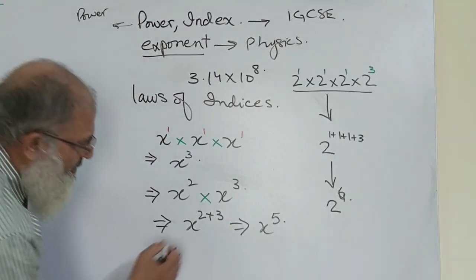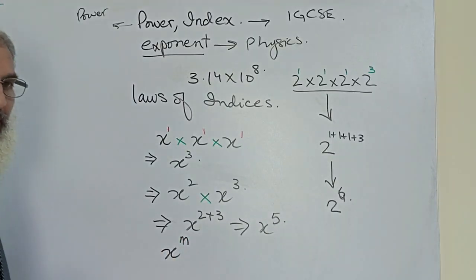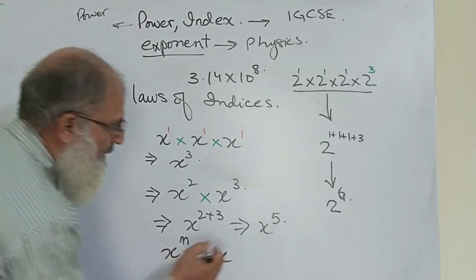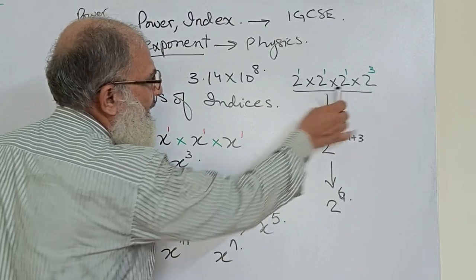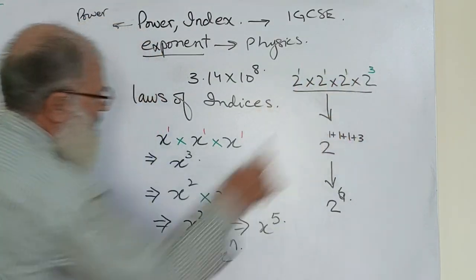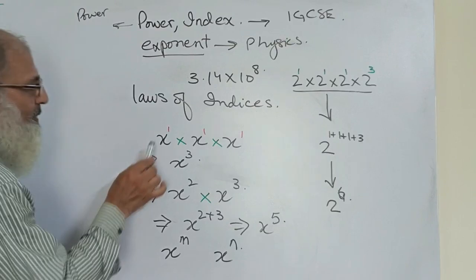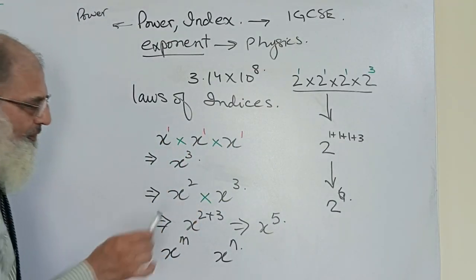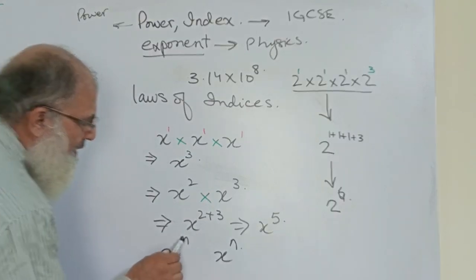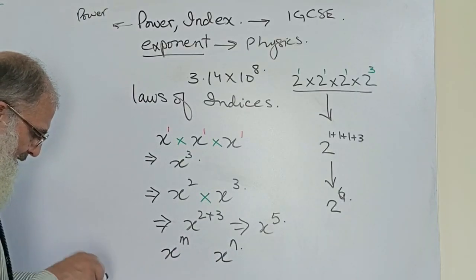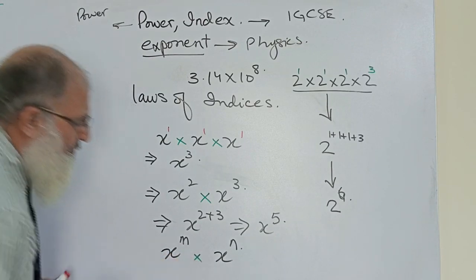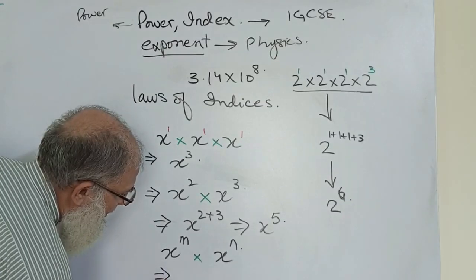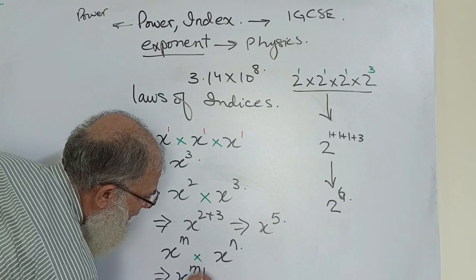If bases are the same and indices are different, or even if they are the same, then what will happen over here? We'll give this notation as x to the power m plus n.